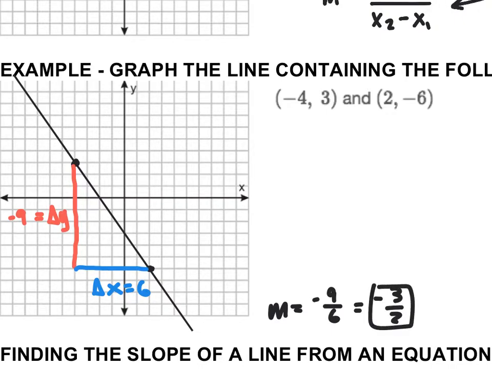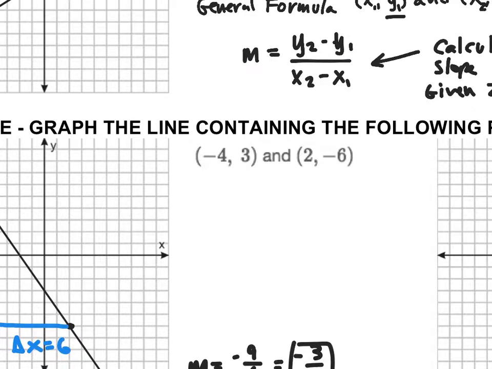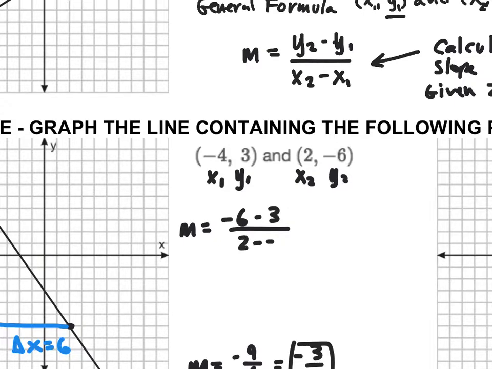Okay? Now, using my slope formula, which we have up here, y sub 2 minus y sub 1 over x sub 2 minus x sub 1, I'm going to label these points here as x sub 1, y sub 1, x sub 2, y sub 2. All right, and so when I fill this out for my slope, m, I'm going to do y sub 2, which is negative 6, minus 3, divided by x sub 2, which is 2, minus negative 4.